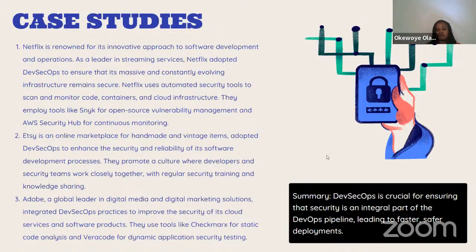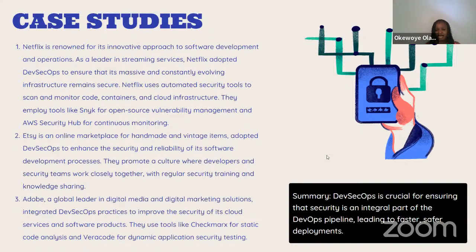So for summary, all I've been saying in essence is that DevSecOps is crucial for ensuring that security is an integral part of the DevOps pipeline, leading to faster and safer development.